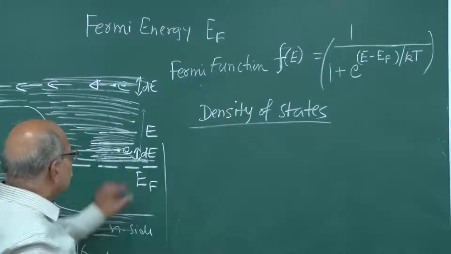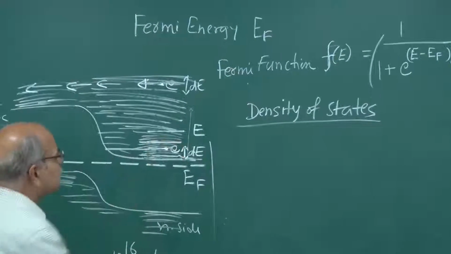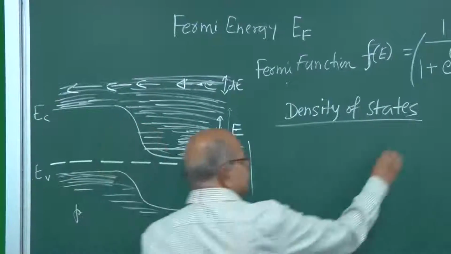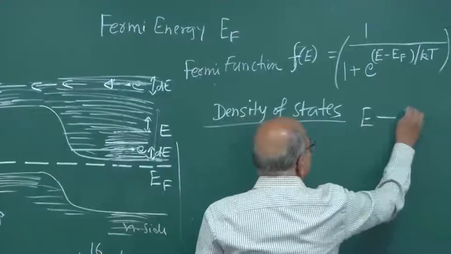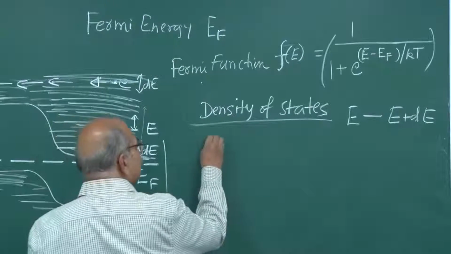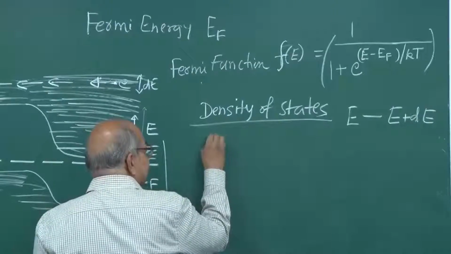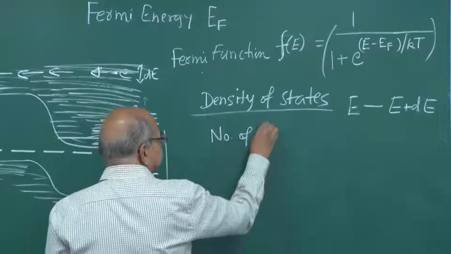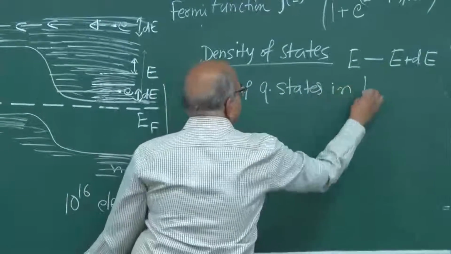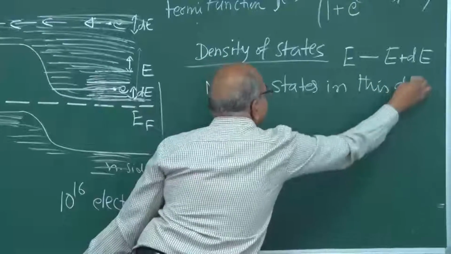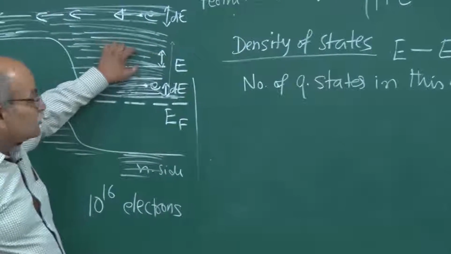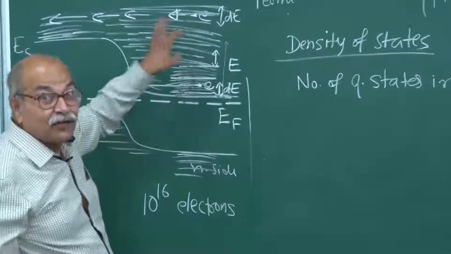What is this? You take some band, some energy width dE at some energy E, from E to E plus dE. Consider this and ask the question: how many quantum states are there in this dE? Not electrons, quantum states, occupied or not occupied.